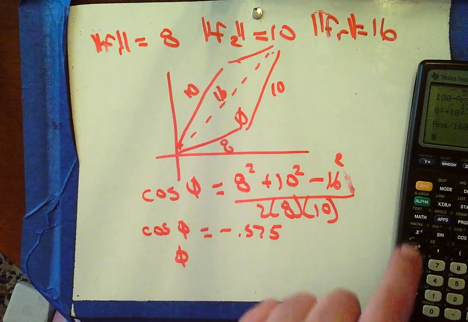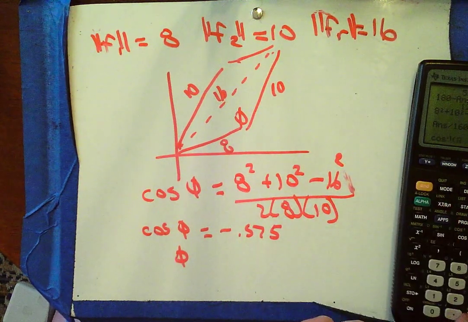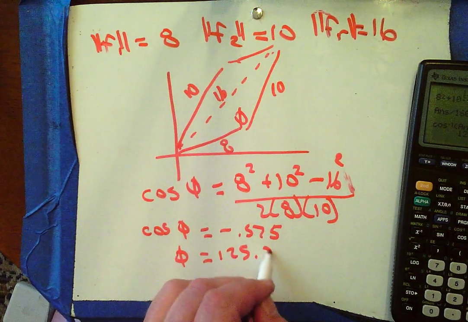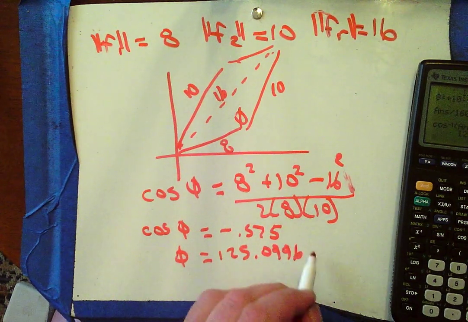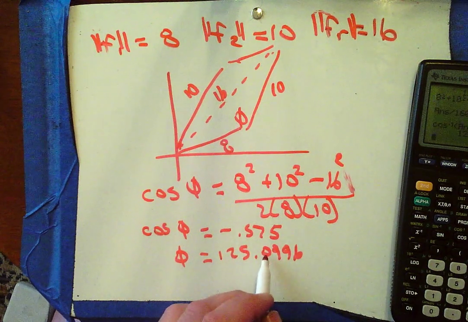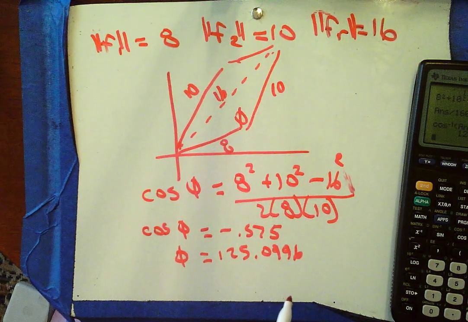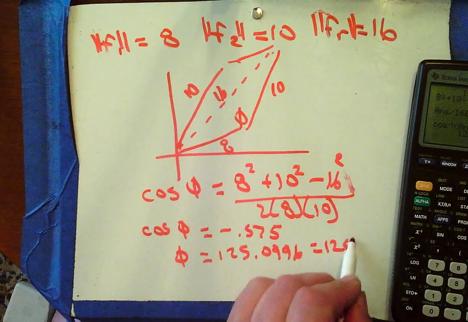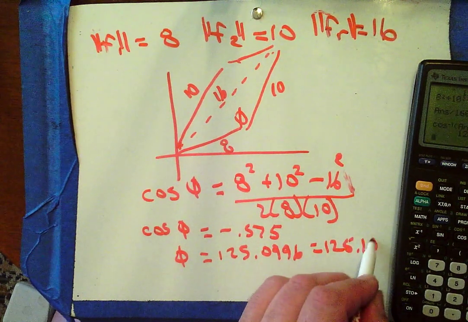Therefore, phi is the inverse cosine of that, or 125.0996. We're going to call that 125.10 degrees.